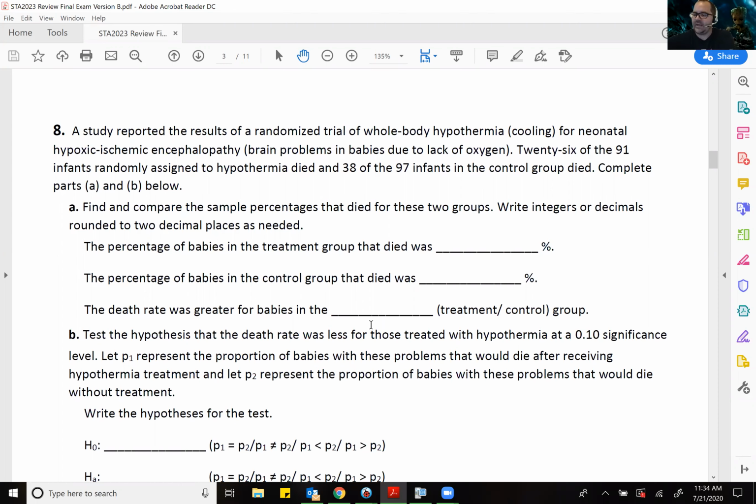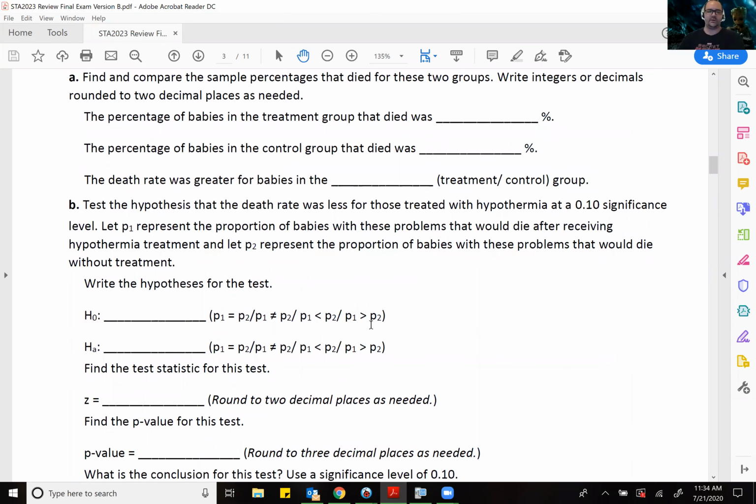Now, part B, they want us to run a hypothesis test on this. Okay. Well, that's not too crazy, I promise. So it says the test hypothesis for the death rate is less for those treated with hyperthermia at a 0.1 significance level.